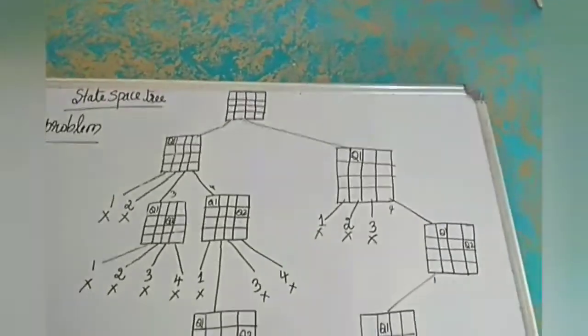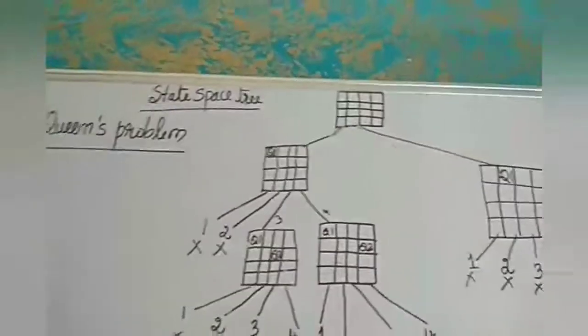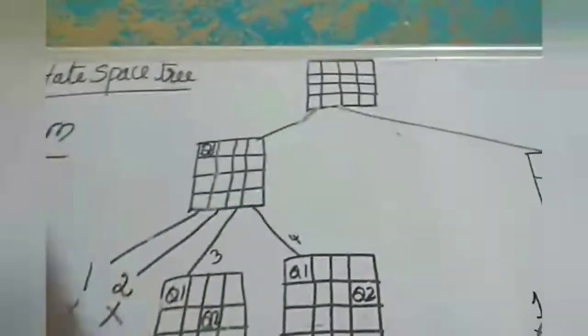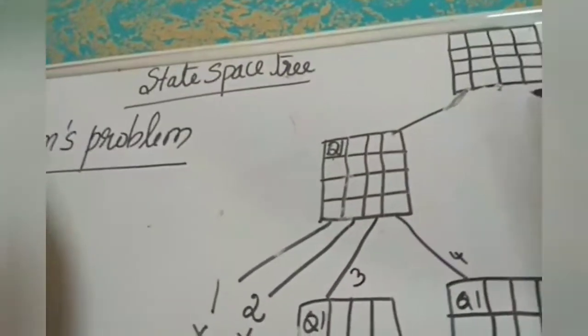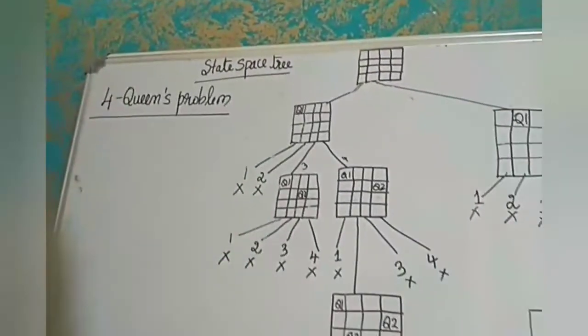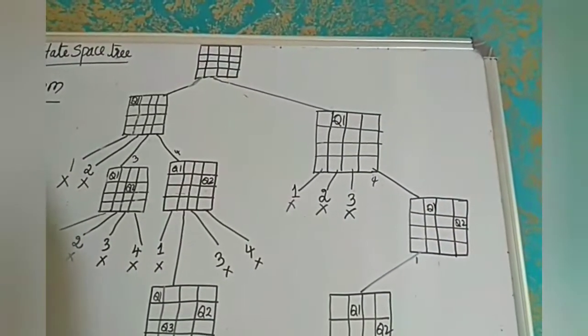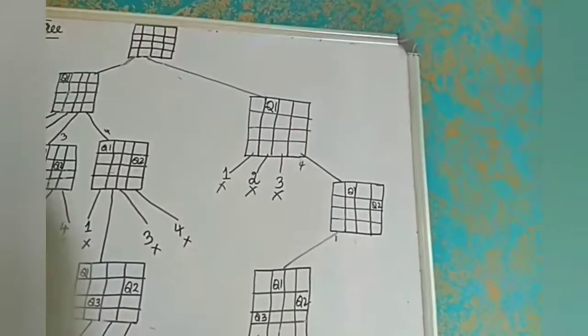Now you have to check for the third column and then for the fourth column, and see if you get any solution. Actually you will get one more solution, that also you have to consider. At the root initially you have considered the first column, in the second one the second column, then you have to consider the third column, fourth column and so on.